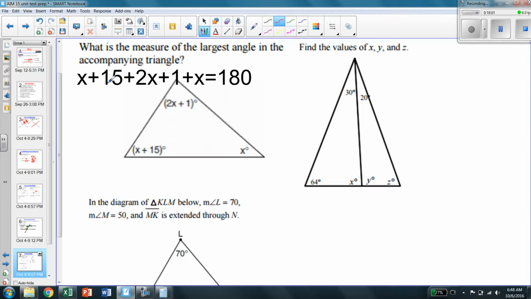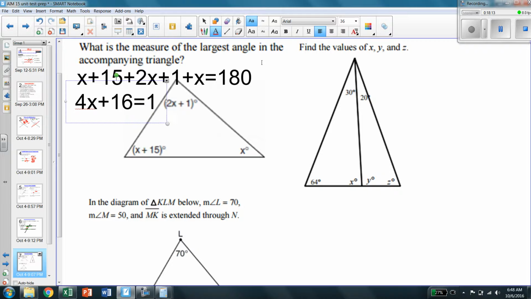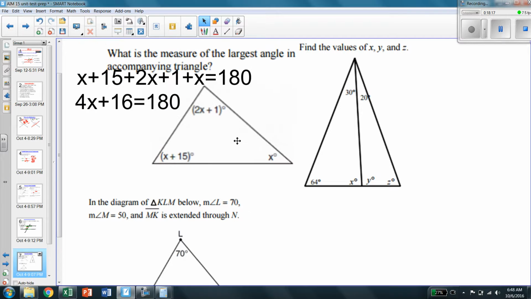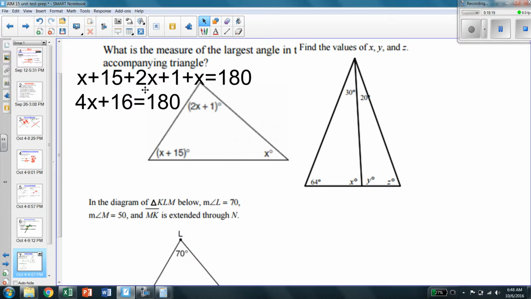So let's see, this becomes x and a 2x and an x together is a 4x. 15 and a 1 is a 16, equals 180. All I'm doing is taking the x's, putting them together, taking the constants, putting them together, and then rewriting.